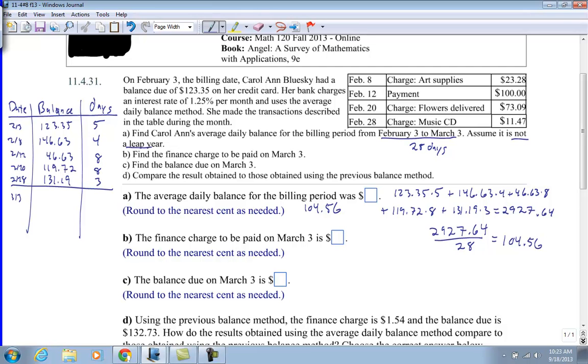Finance charge, it's 104.56 times 0.0125. I get 1.31 rounded to the nearest penny. And the balance due on March 3rd will be that last amount, 131.19 plus 1.31.